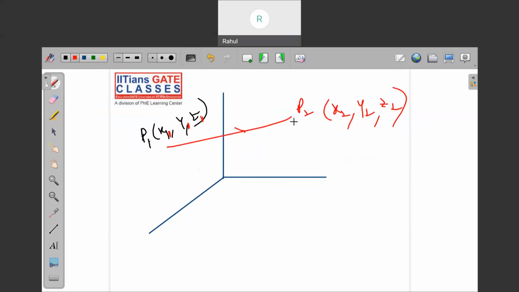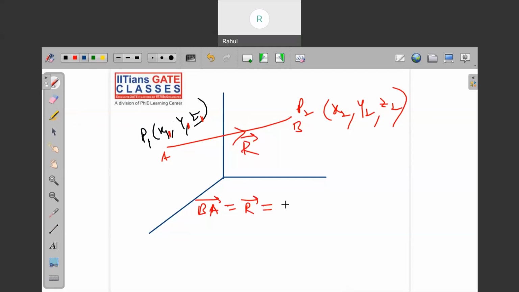How to find the distance between these 2 points P2 and P1? You can suppose this is A and this is B. So the vector AB can be written as x2 minus x1 along ax cap, and suppose this is the R vector.